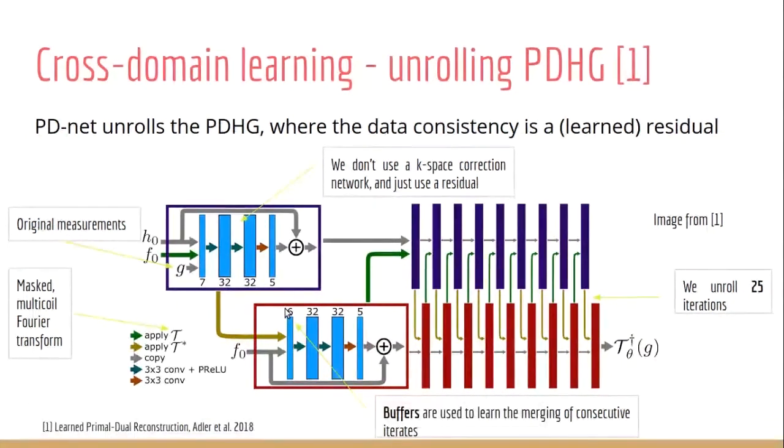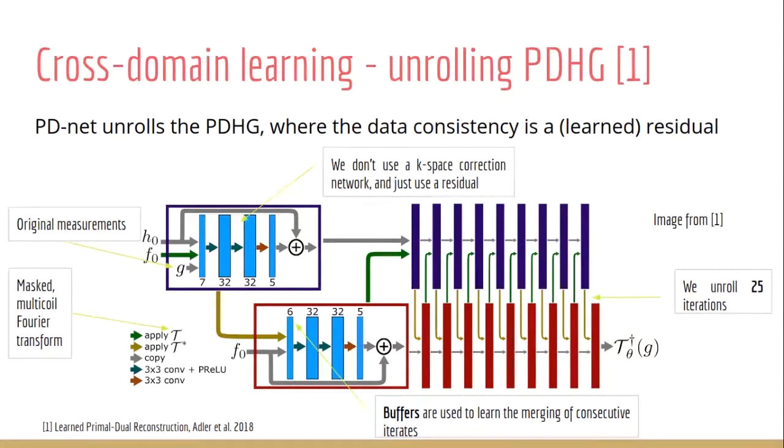And basically, what they claim is that this buffer of solutions allows them to learn a nonlinear acceleration scheme. Which is quite interesting because it allows the network to converge faster to the solution.